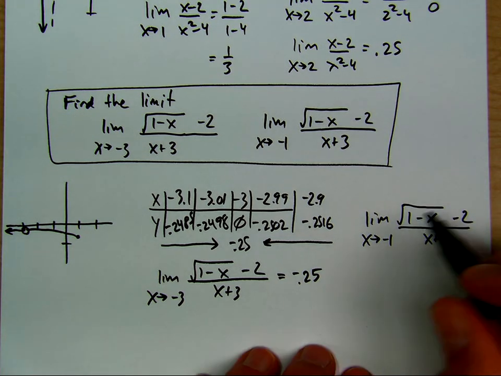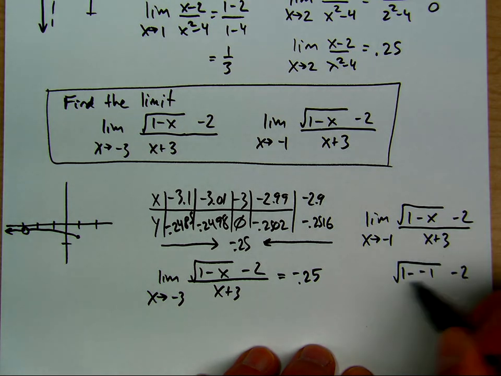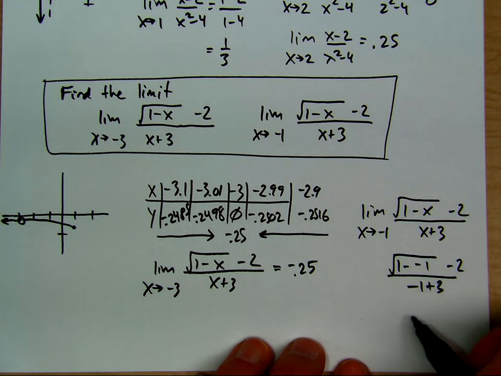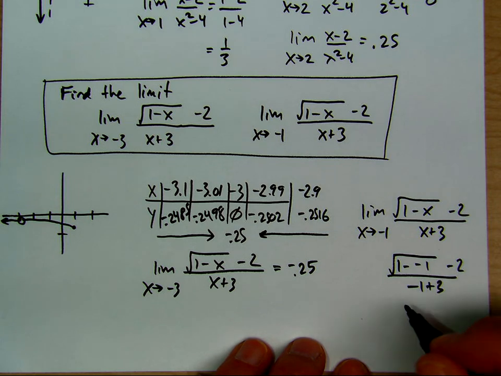When you put a negative 1 in there, 1 minus negative 1, negative 1 plus 3, so we have radical 2 minus 2. We evaluate all that, and we have approximately negative 0.2929.